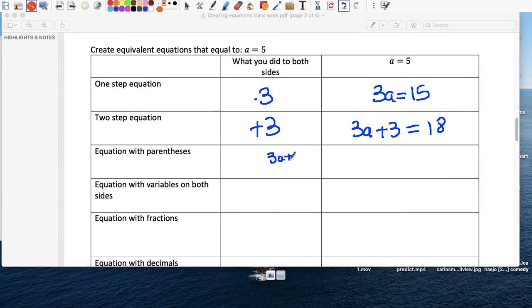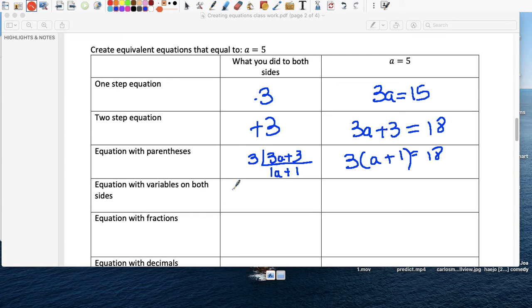So I'm going to do the ladder method because I want parentheses, right? What's in common? What number goes into 3 and 3? It's 3. 3 goes into 3 one time, or 1a, and 3 goes into 3 once. So outside is a 3, and then we get a plus 1 equals 18.